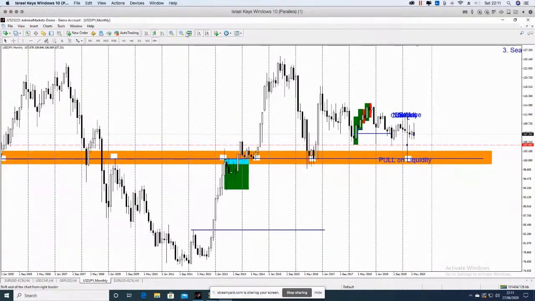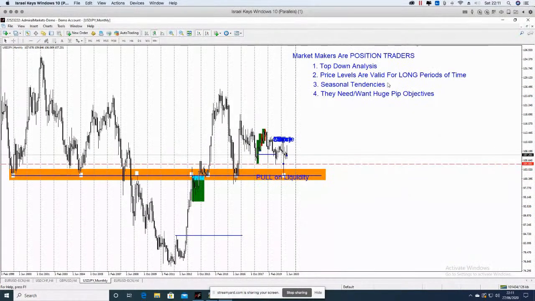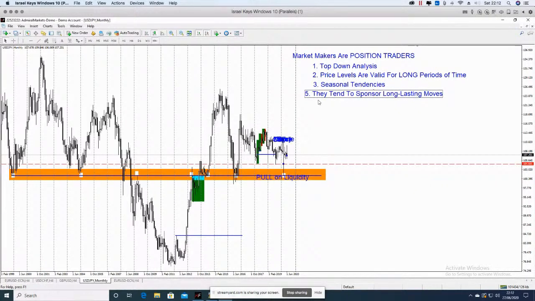Now, where were we? Number 5, which is as a result of that, they tend to sponsor long-lasting moves. So we looked at that already. Moves that last months at least. And even the retracements and expansion legs last months at a go as well.